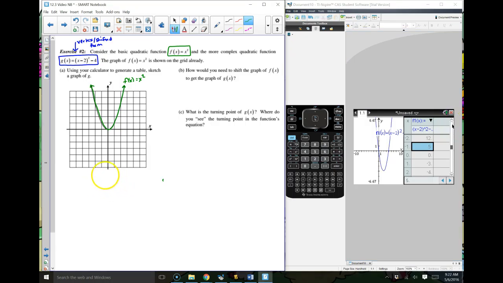Let's do it in blue. So here's my table for the g of x function, g of x equals x minus 2 squared minus 4.